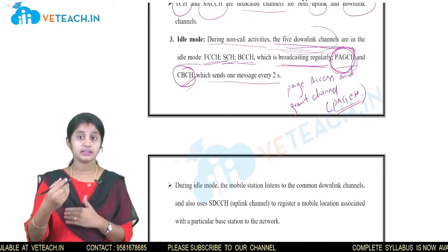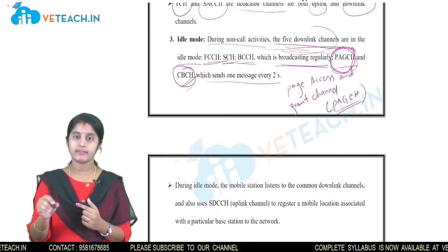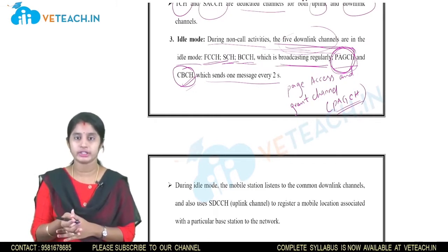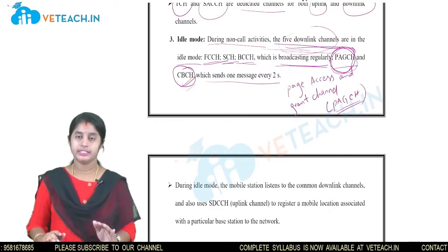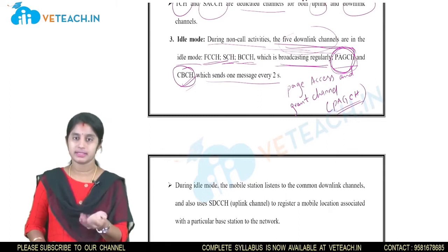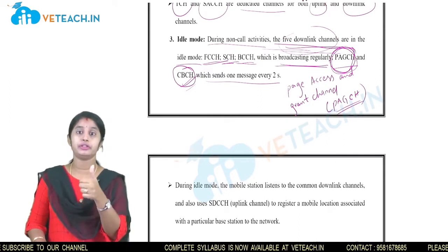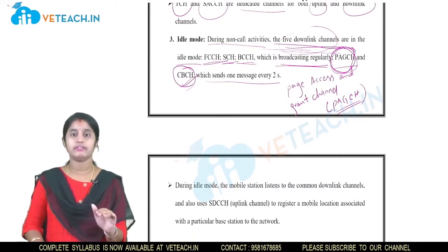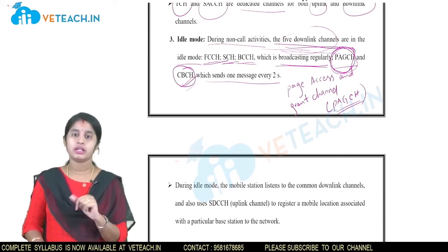Clear? By sending this 2 second message to the channel, if the channel is available, it receives the message and it should be acknowledged immediately depending upon its availability. If the channel is available, these 2 channels will send a request message, a short message, every 2 seconds, and within the 2 seconds, if the channel is not available, it should send the acknowledgement as not available.